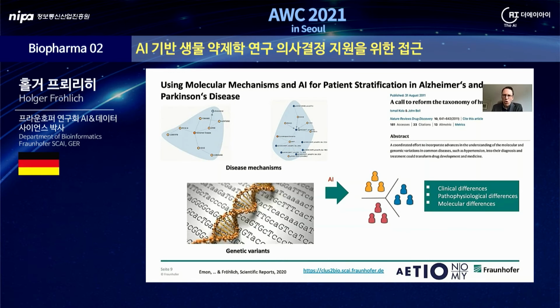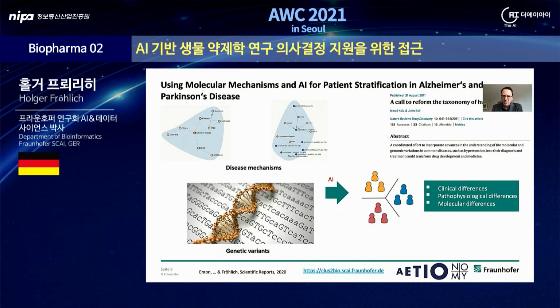An according call for a reform of disease taxonomies was already published a decade ago by pharma industry leaders. The EU-wide private-public partnership project Etonomy was largely a response to this call.